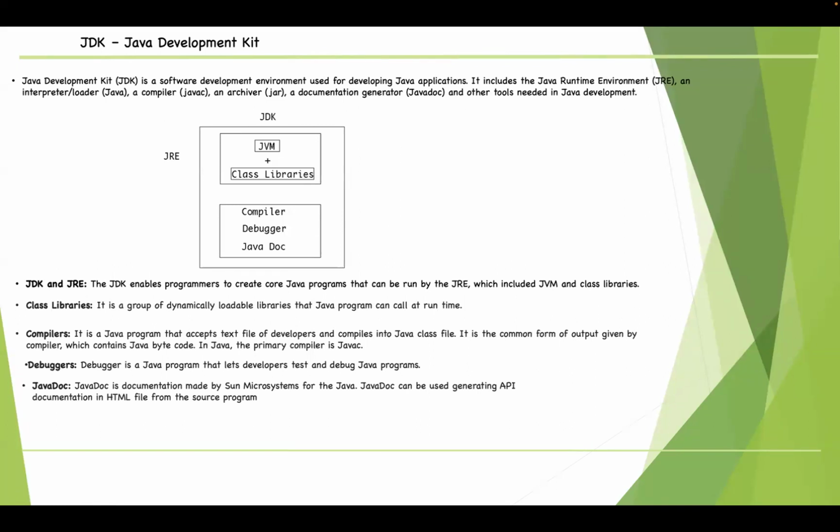So what are the components available in JDK? JDK contains JVM plus class libraries. Class libraries are some inbuilt methods and classes provided by JavaSoft people, so we can utilize them. So JDK is a combination of JVM, class libraries, compiler, debugger, and Java documentation.